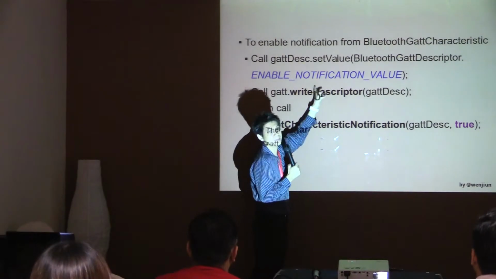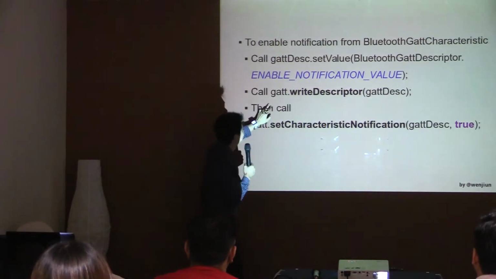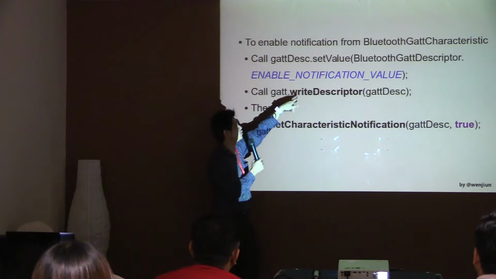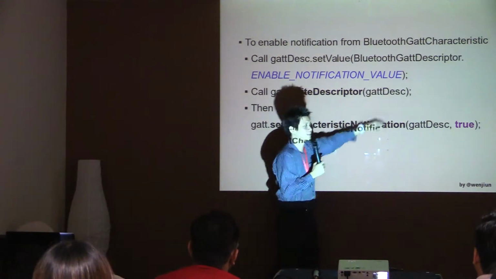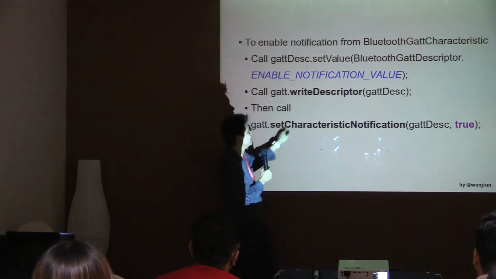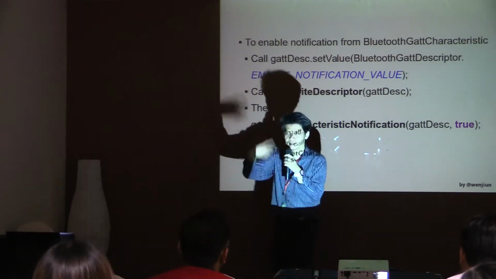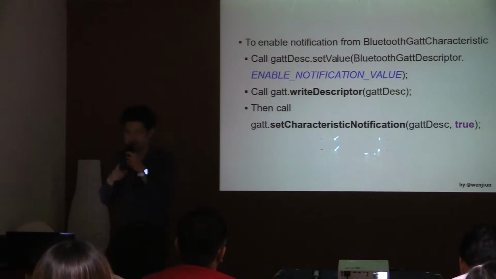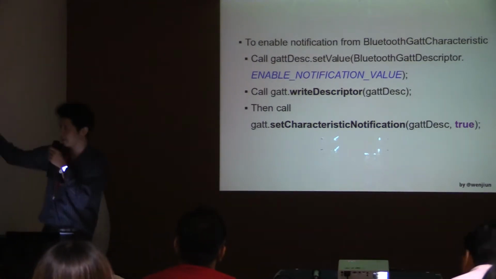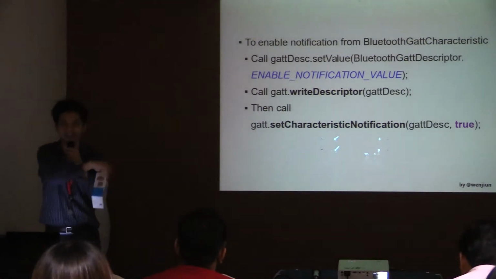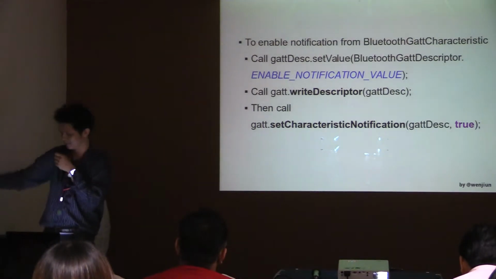It's a constant, probably true or something. After that, do the same thing again. Ask the gatt to write the descriptor, and then set the characteristic notification based on this descriptor and set true. You will get the notification. But I suspect this one doesn't have one. But actually there are a lot of them but I don't know what they are.